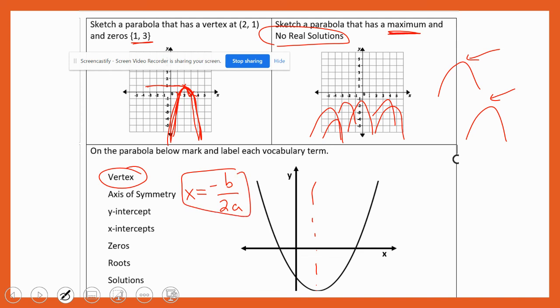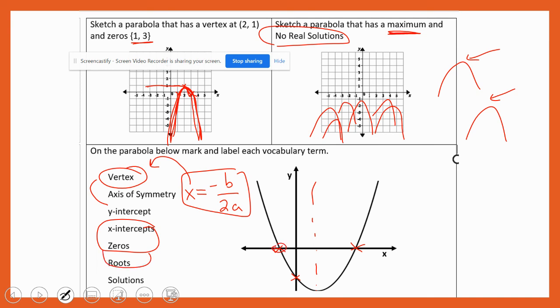The thing to know is this x is the first, it's the x coordinate of the vertex as well. So when you find the vertex, you're finding two answers to a word problem. There's your y-intercept, there's your x-intercept. The zeros, these are the same. One is written as a coordinate.